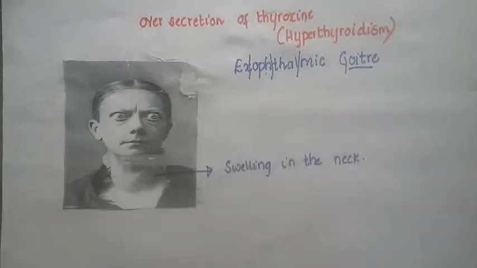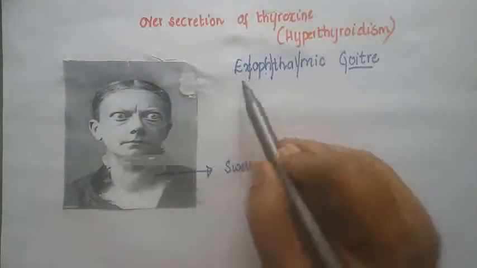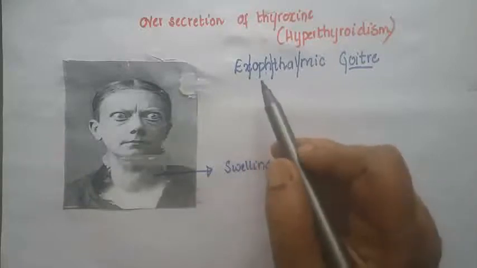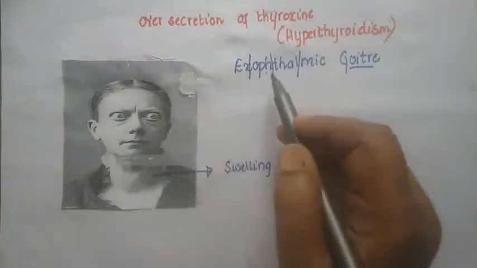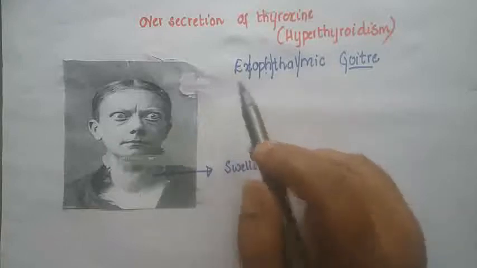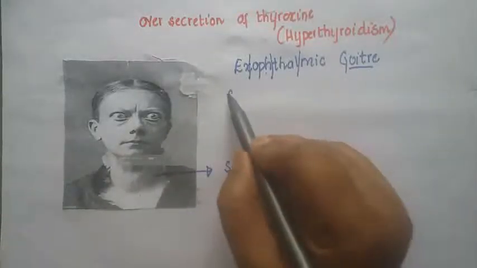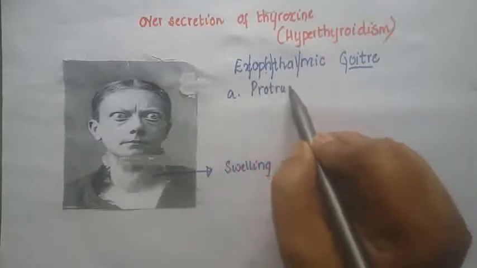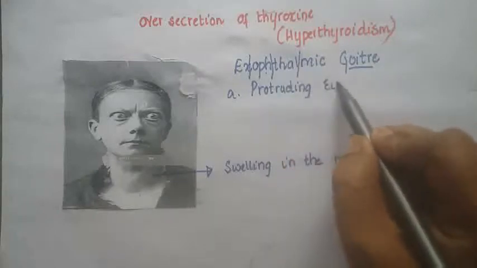Children, along with that, in the word, exo means outside, and the eye specialist is known as an ophthalmologist. So it is something related with the eyes. If you observe carefully here, the person has protruding eyes.